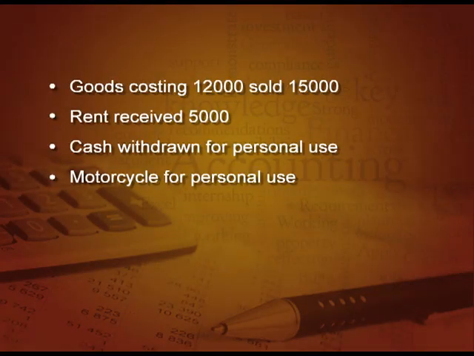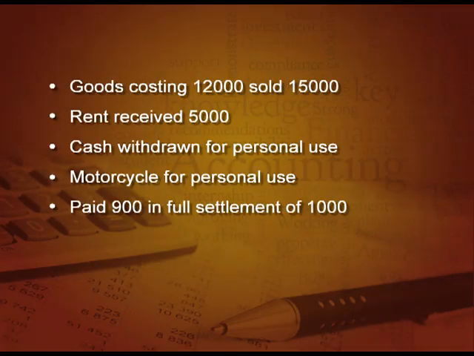See the next one, very very important, paid 900 in full settlement of 1,000. So, you have to pay 1,000, but you are paying 900. So, you are earning a profit of how much? 100 rupees.